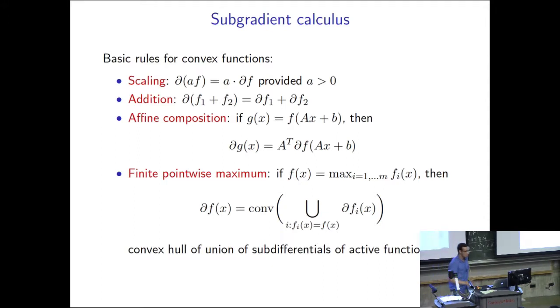Yeah, that's a good question. So for the composition rule for general functions, we need to place conditions on the functions so that the composition is convex. So for example, the outer function could be convex and monotone, and the inner function could be convex. And then it is actually just this.